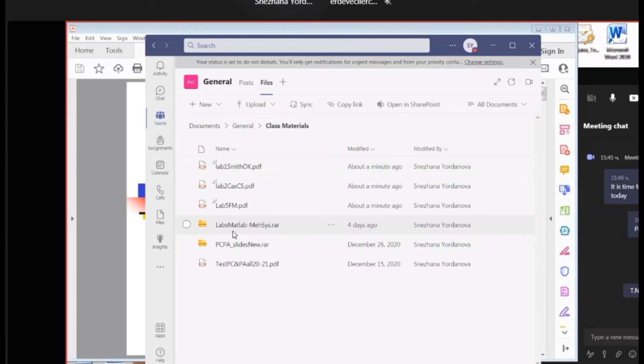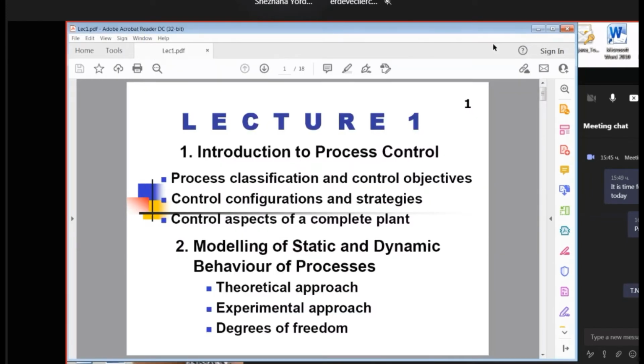And today is the first lecture, introductory, which is mine. And it's good to know next time what is your selection to prepare report.